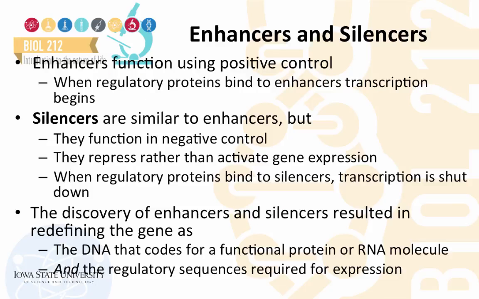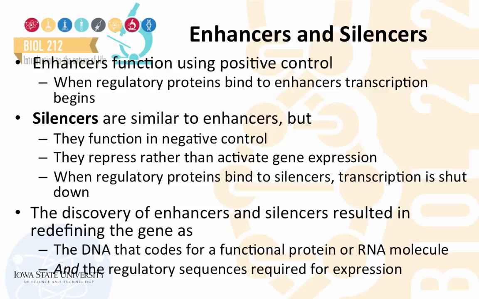Enhancers are called that because they positively regulate gene expression when they bind regulatory proteins. This leads to an increase in transcription. DNA sequences that carry out the opposite function are called silencers because they bring about a decrease in gene expression after binding regulatory proteins.